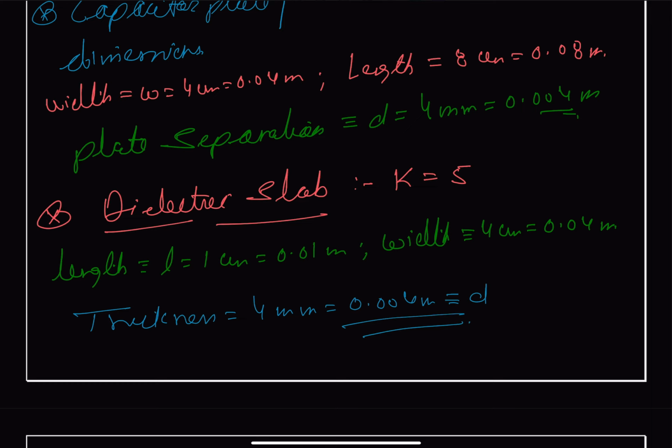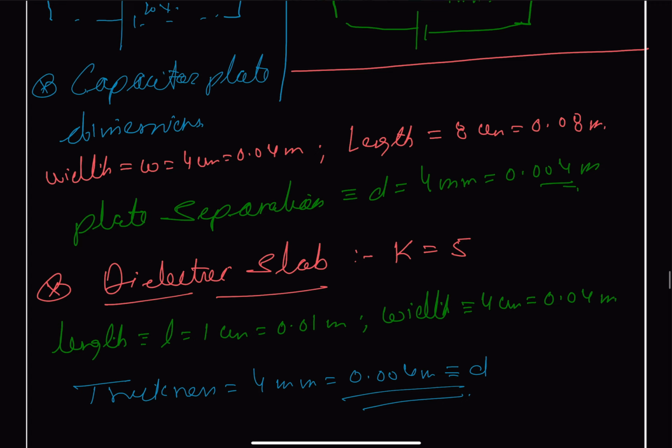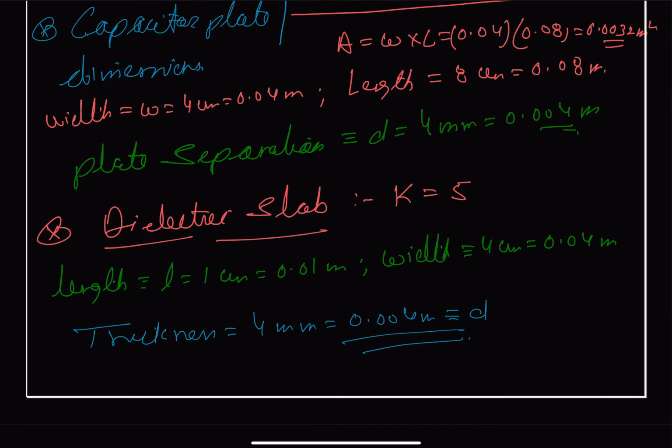And in the first case, we can find out the area. So area will be equal to W multiplied by length L, which will be 0.04 and 0.08, giving us 0.0032 meter square. And its capacitance can be written as epsilon naught A upon D. Let us call it C naught.